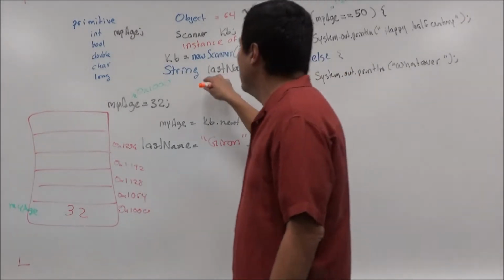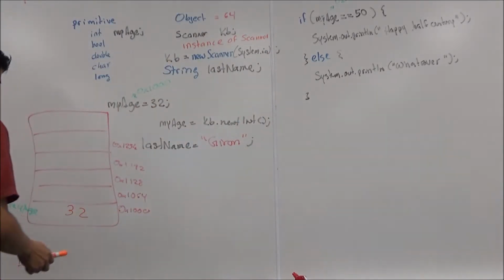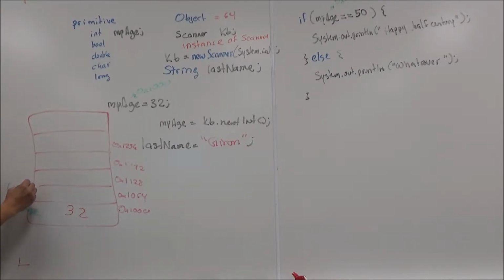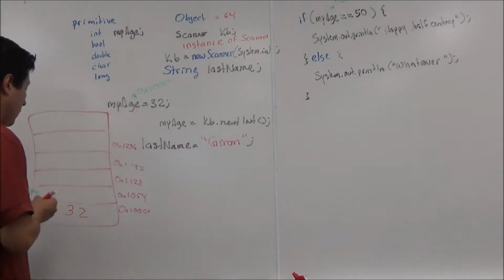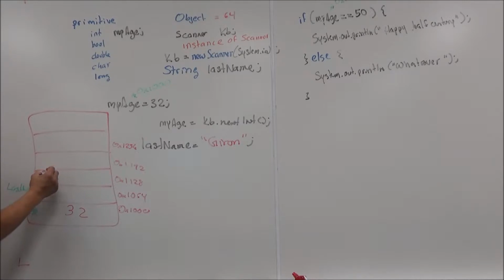However, the last name is an object, right? And I said, oh, last name here is assigned to my last name. So actually the last name is somewhere else, right?